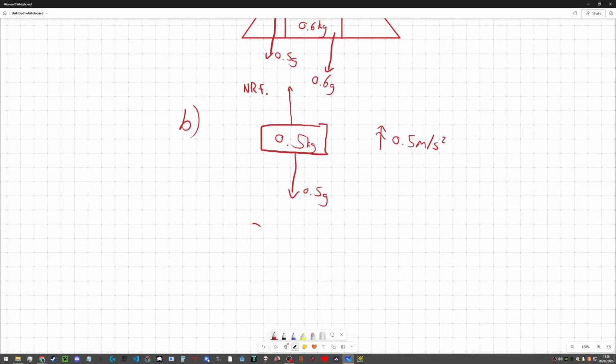Alright, we can then use F equals ma again. Our net force is going to be our normal reactive force minus 0.5g. It's got normal reactive force going up, 0.5g going down.